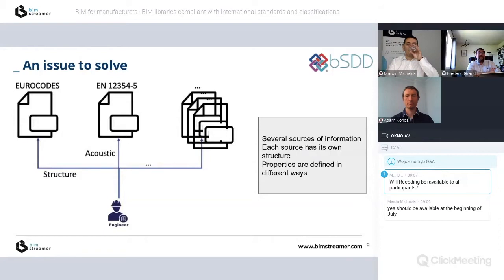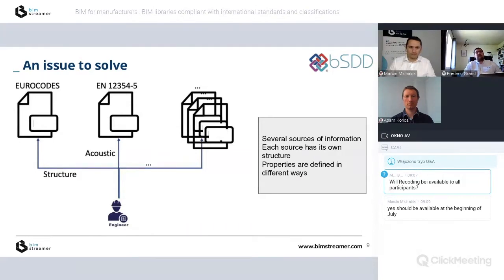I will have to make, for example, structural calculations on my building, just to be sure it will not fall down when people are inside. And for that, I will have to follow specific European regulations and standards, called, for example, Eurocodes. So I will have to have on my walls, on my slabs, etc., some specific properties I will have to take care of for my calculations.